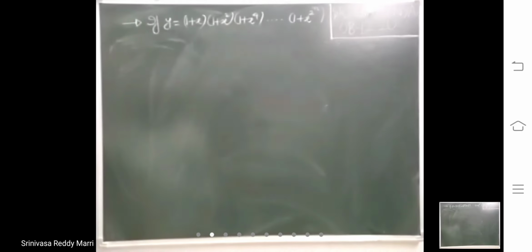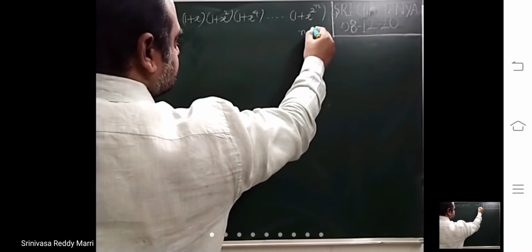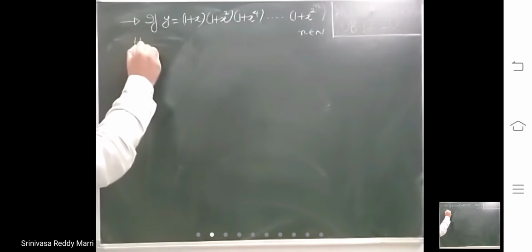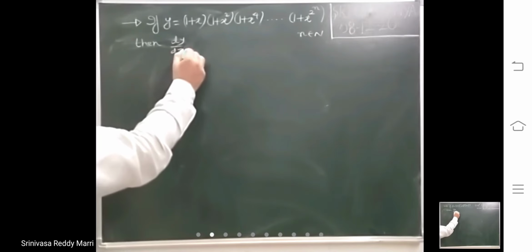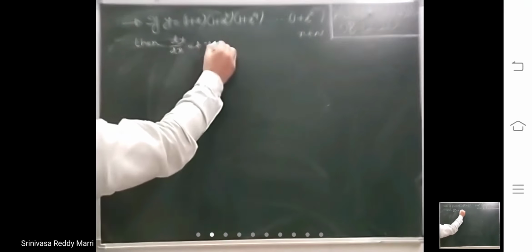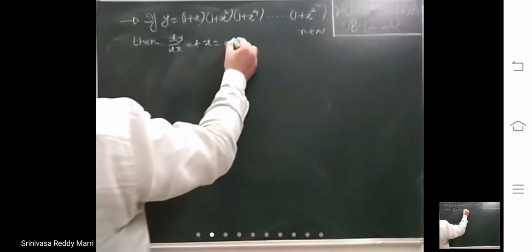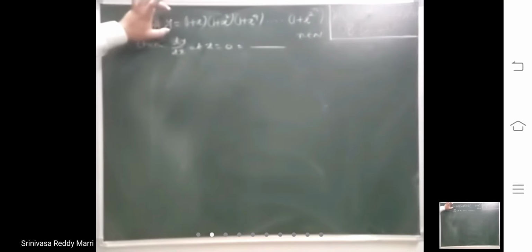This is given. Then dy by dx at x equal to 0 equal to dash. That means dy by dx at x equal to 0 means first you have to find derivative, and after finding the derivative substitute x equal to 0.